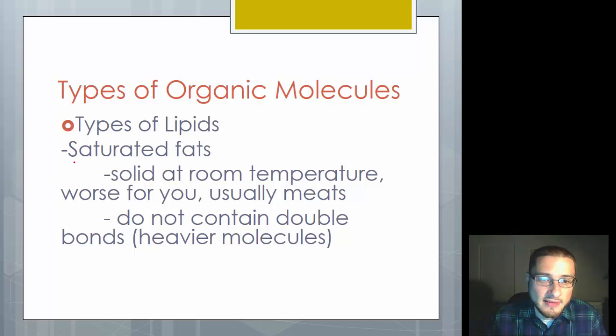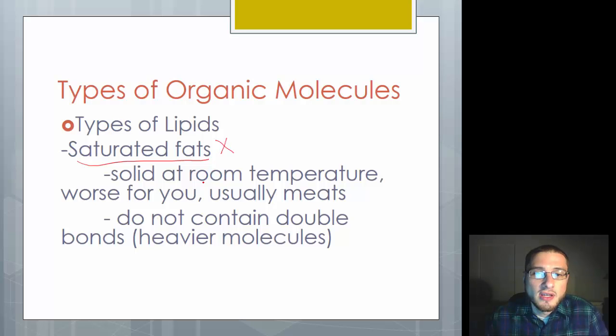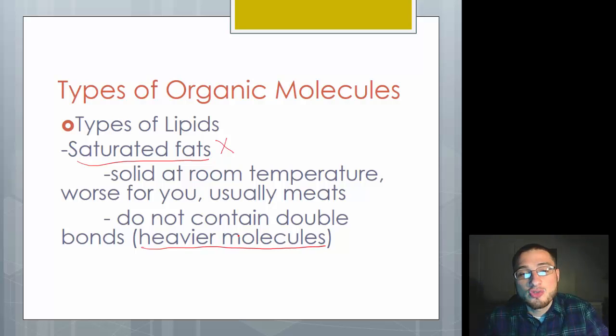Then you have your saturated fats. These are solid at room temperature. Not good. Usually in meats. It's still okay to take in saturated fats, not the end of the world, but it's better to take in unsaturated fats. They do not contain the double bonds and they're heavier molecules. Your body can still use them, but we don't want to take in too much.